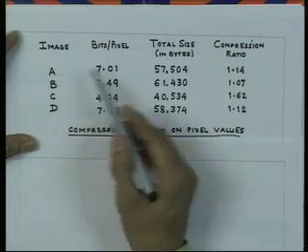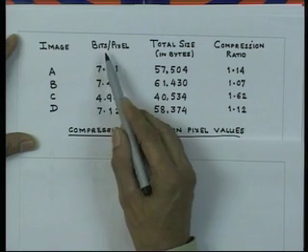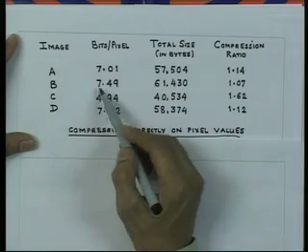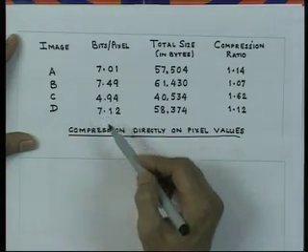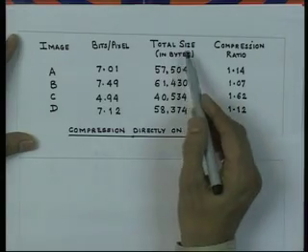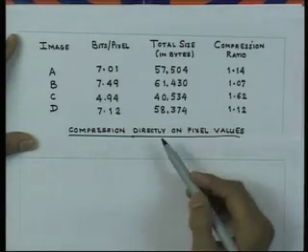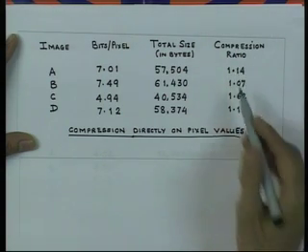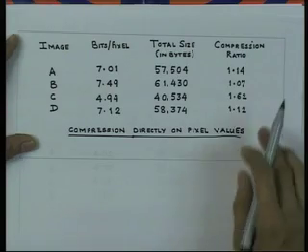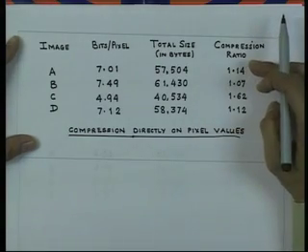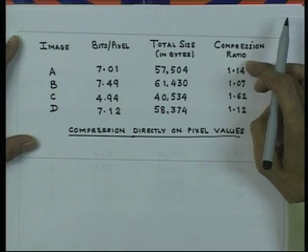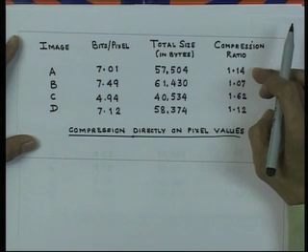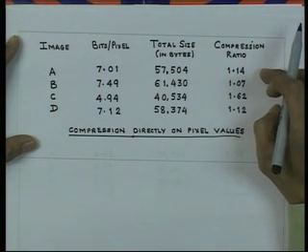For image A, after the Huffman code was applied, bits per pixel turned out to be 7.01, for B it was 7.49, and C and D are as given here. The total size in bytes is also indicated here. Now, the compression ratio has been shown here. The compression ratio is defined as the number of bytes in the uncompressed representation divided by the number of bytes in the compressed representation.